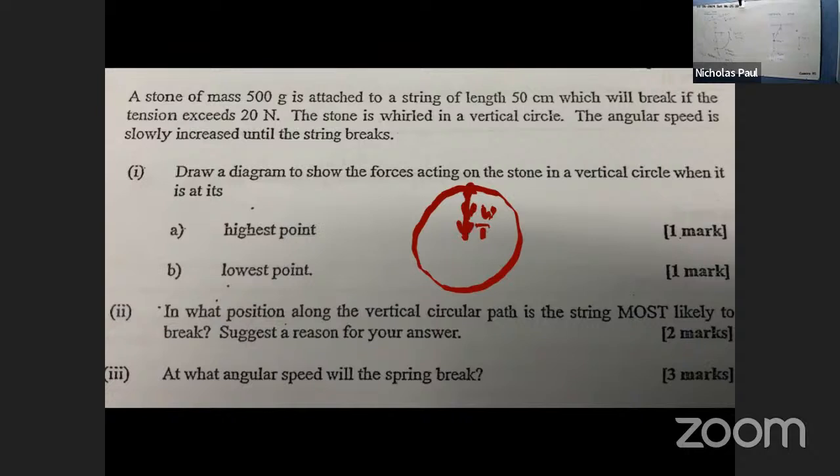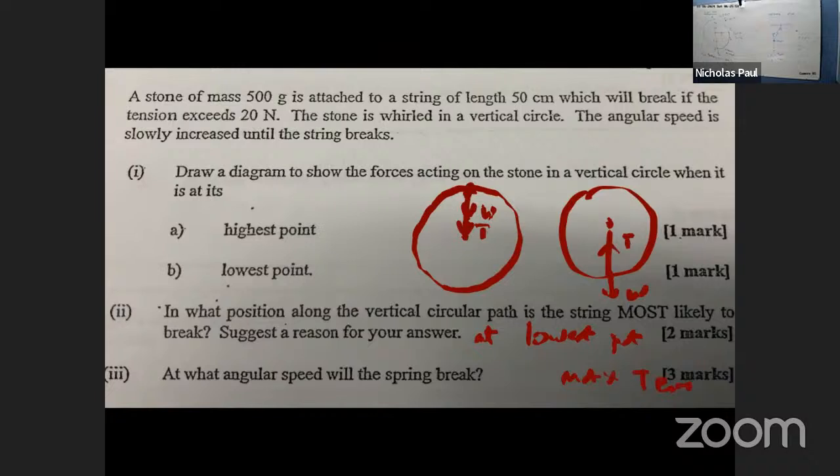At the lowest point, you have tension and you have weight. In what position along the vertical circular path is it most likely to break? At the lowest point, because it has max tension.